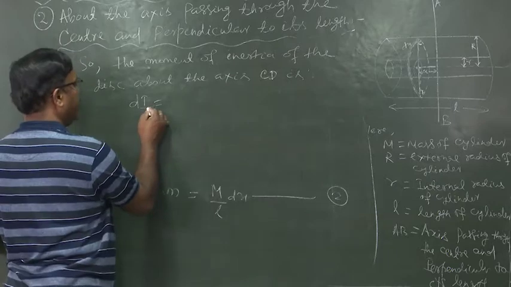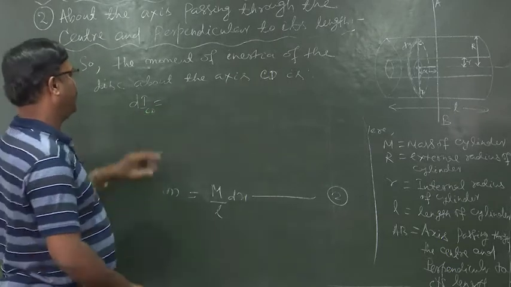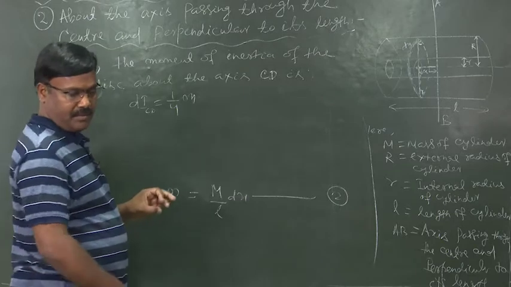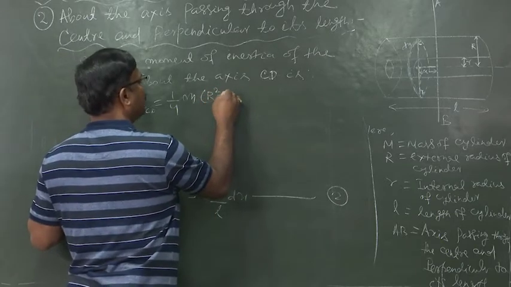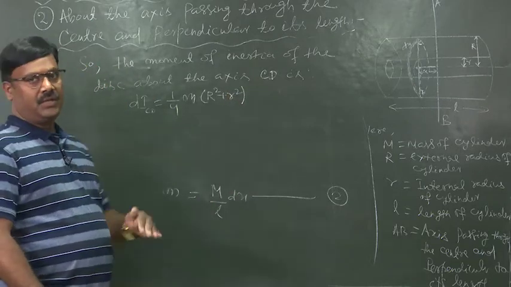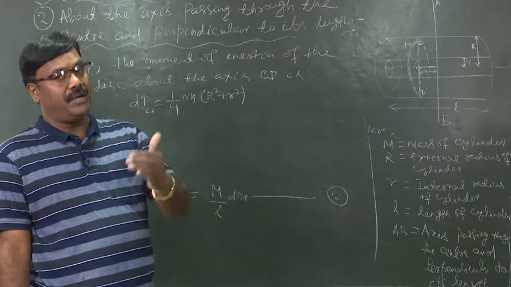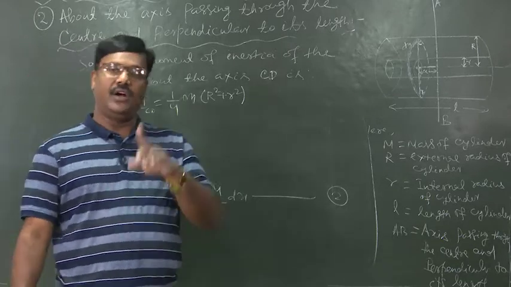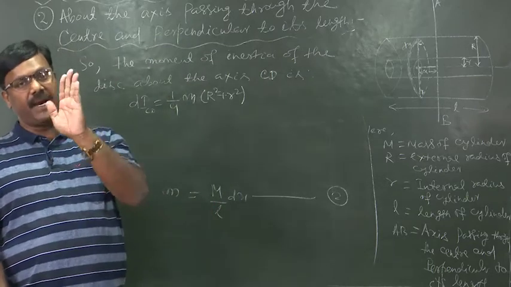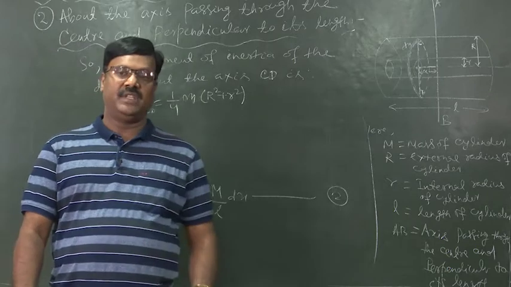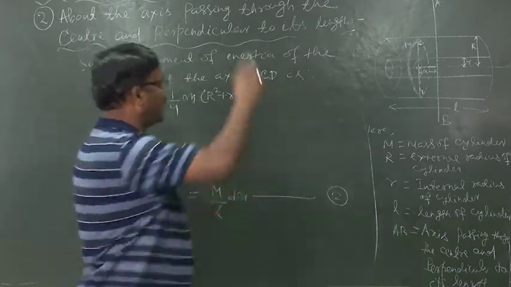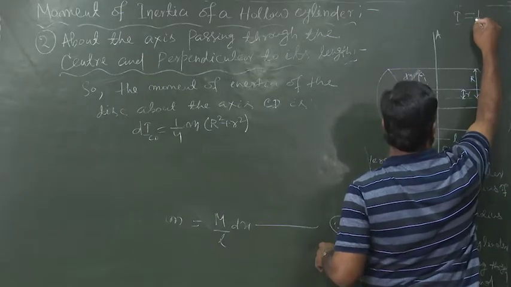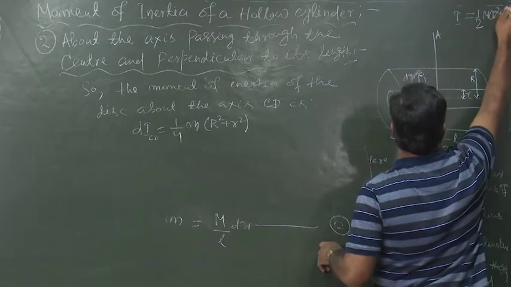will be how much? dI CD about the axis CD will be equal to 1 by 4 m into r square plus r square, because previously when we were discussing the moment of inertia of a circular disk, we calculated the moment of inertia of the disk about an axis passing through its center and perpendicular to its plane as half m r square plus r square.